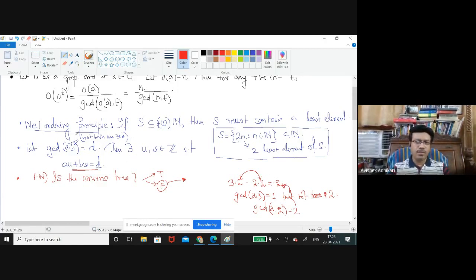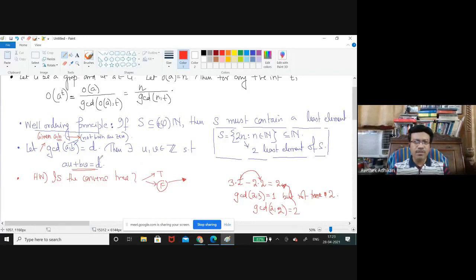Here you are given A and B, not both zero, and there are some integers, or maybe positive integers, it doesn't matter. What would be the converse of this?